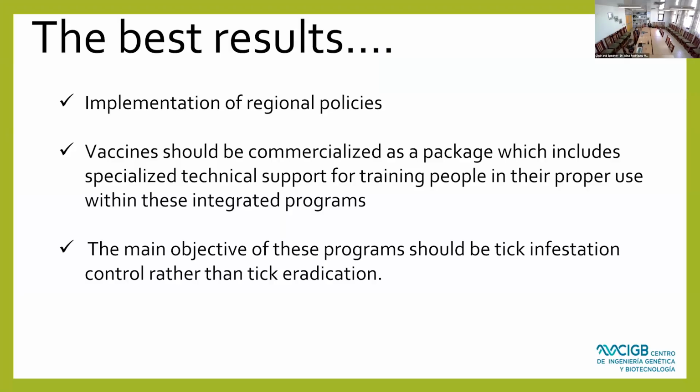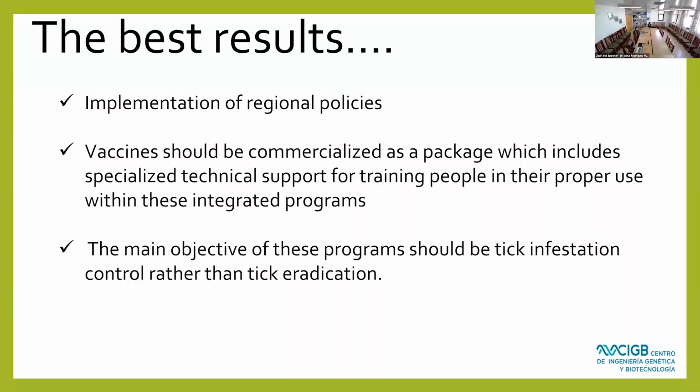characteristics. For example, when you select the antigens to develop the vaccine, ideally it should be effective in all stages of the tick's life cycle and against many tick species.